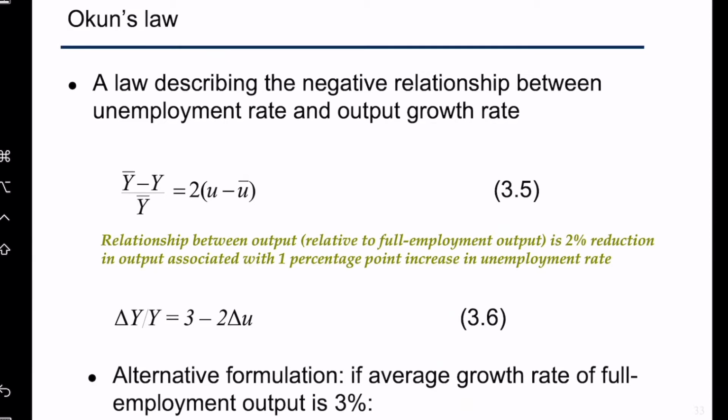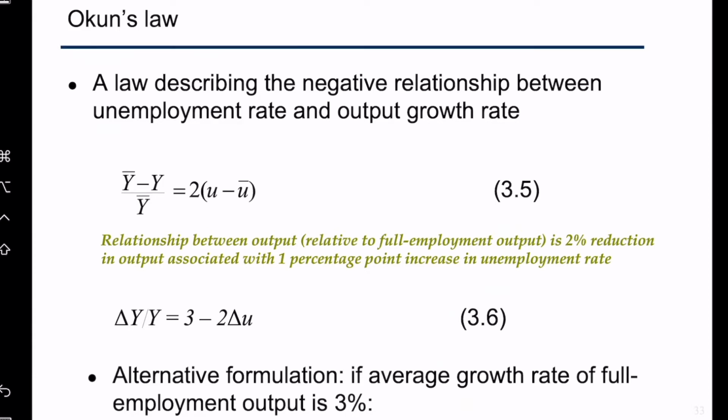And then it will imply that the output will decrease by 2 percentage points. So when the cyclical unemployment rate increased by 1 percentage point, the output deviation from the full employment level should decrease by 2 percentage points.